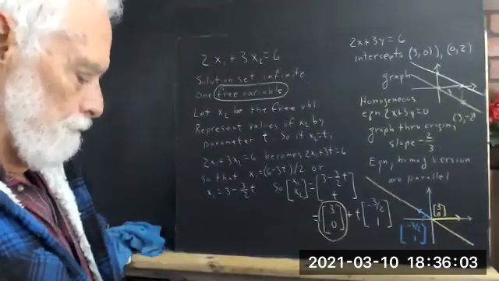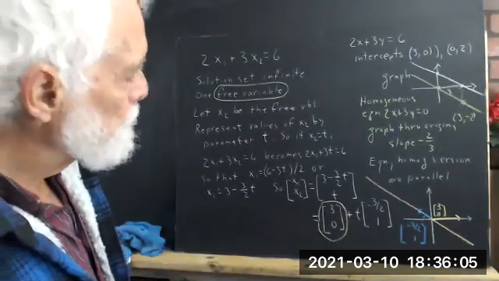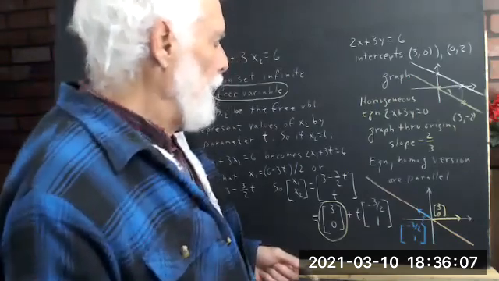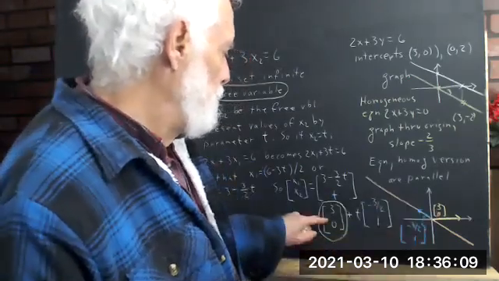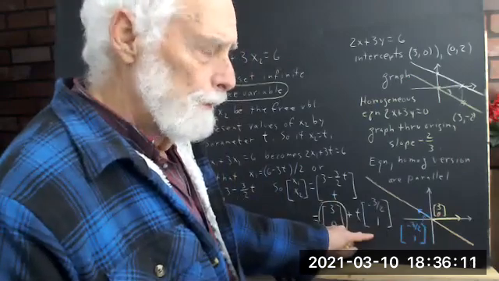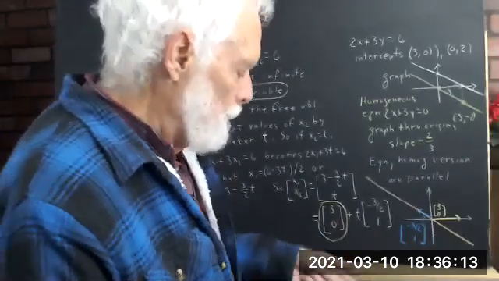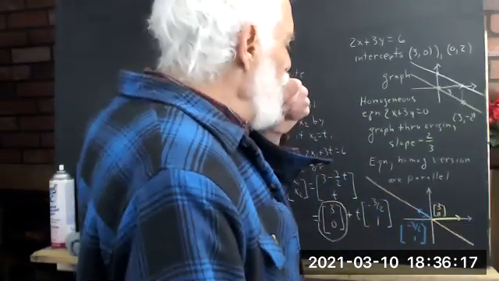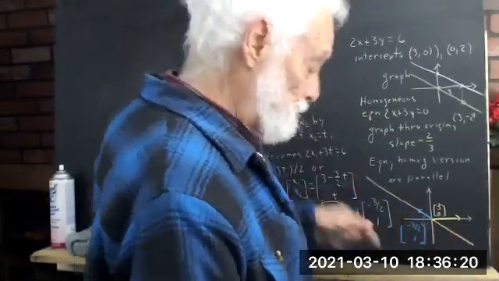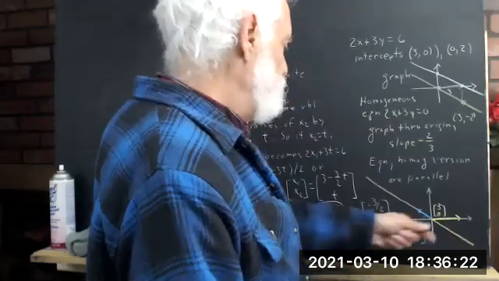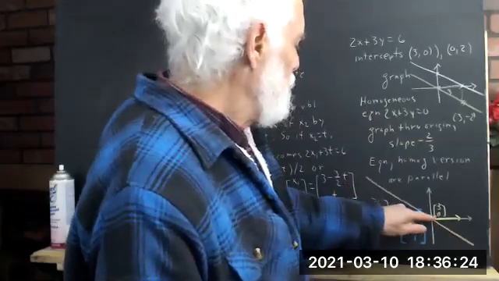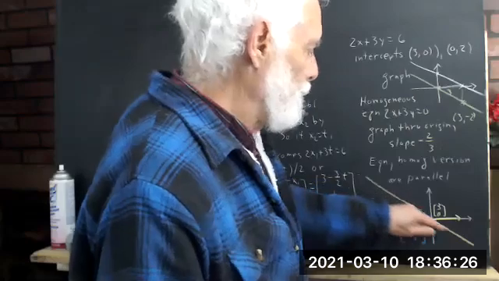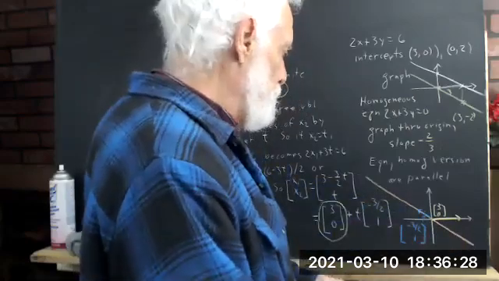Well, that's kind of interesting. If we add 3, 0 to one of these vectors, well, that means we just take an arrow this long in the horizontal direction and add it to any vector that starts at the origin, ends anywhere on this orange line.